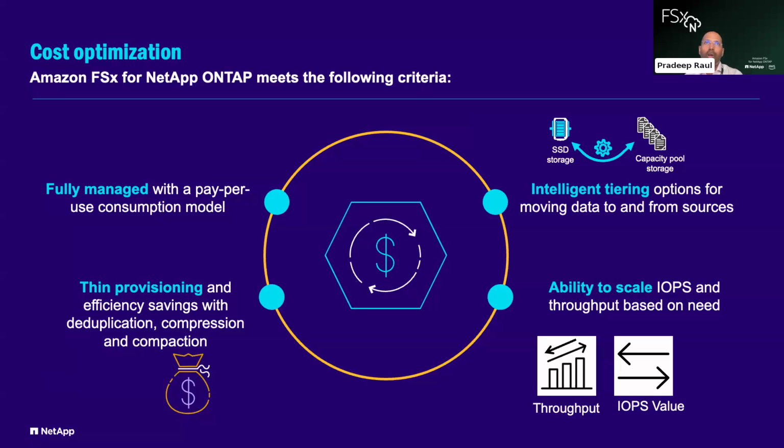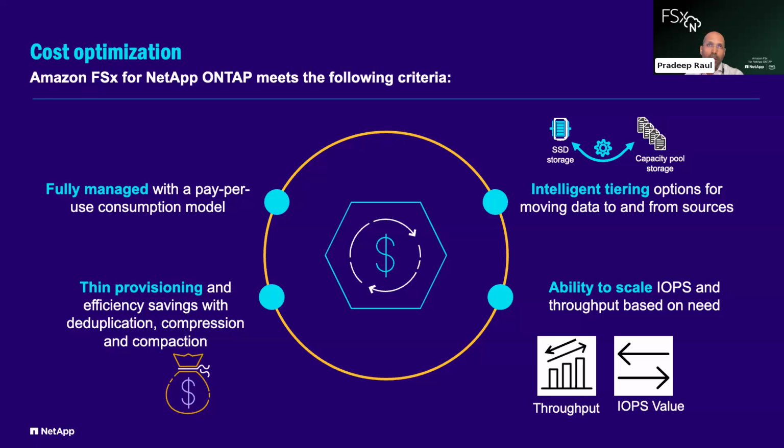Cost is an important factor because now most of your developers and application owners have access to the AWS account. So you can go and spin up services, and people have a tendency to spin up services and sometimes leave them running. So it can keep on adding cost to your account.